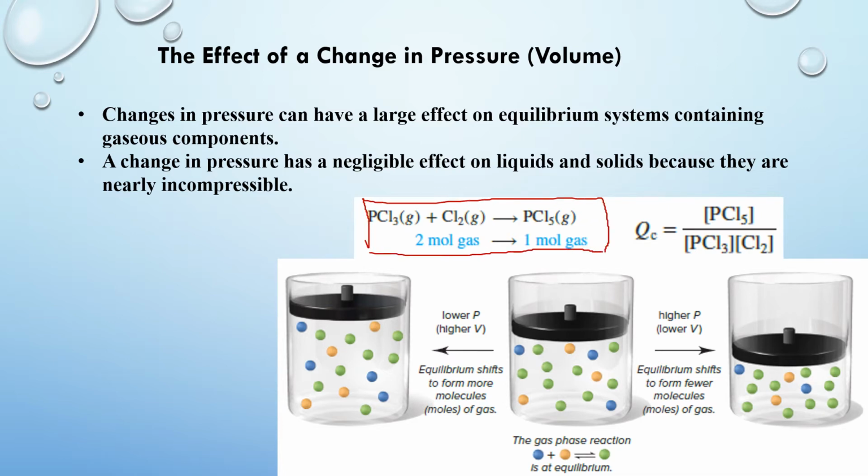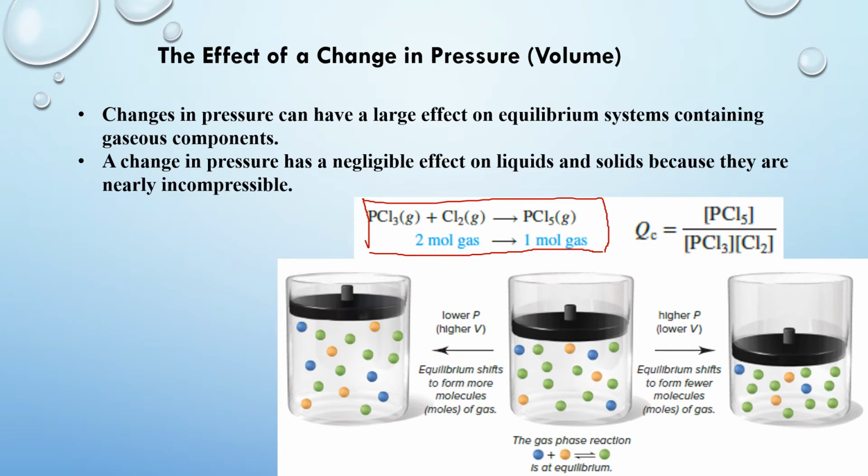At equilibrium, we have these gas molecules in this container, and on top we have a piston. The advantage of using a piston is that we can control the volume by pressing it or lifting it. For this chemical reaction, for the reactant we have 2 moles of gas. Where does the 2 come from?